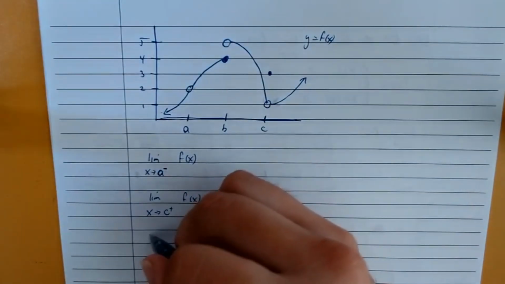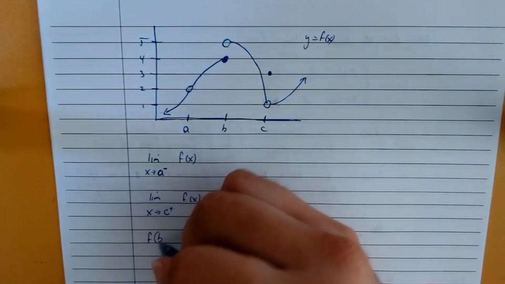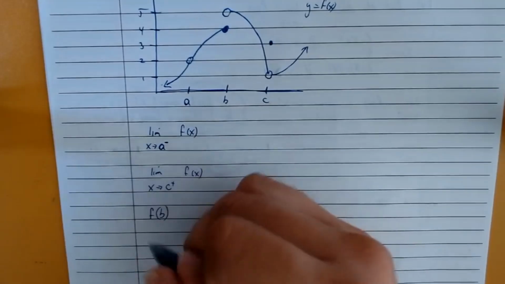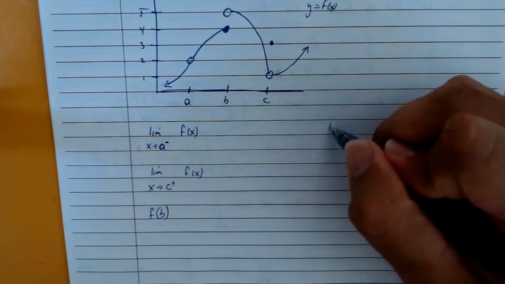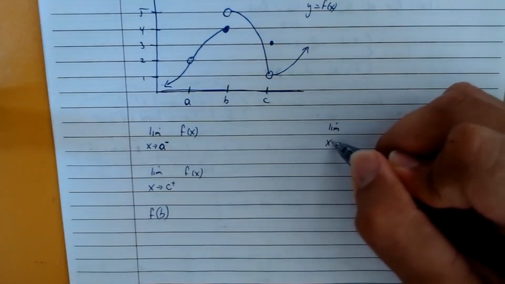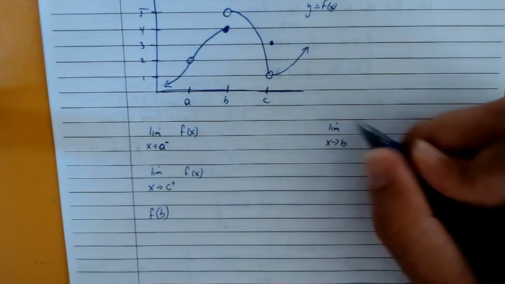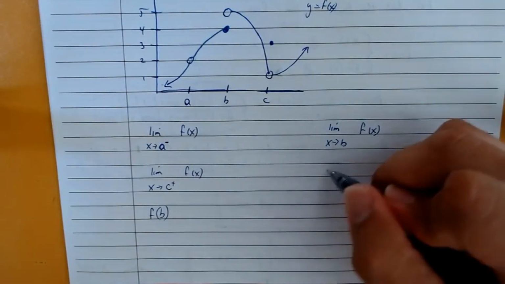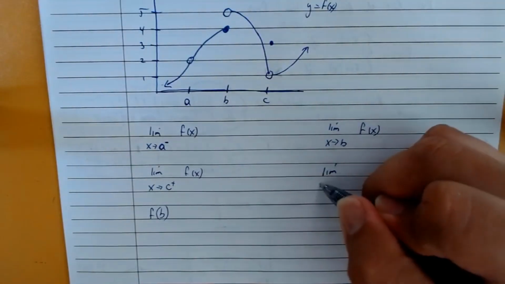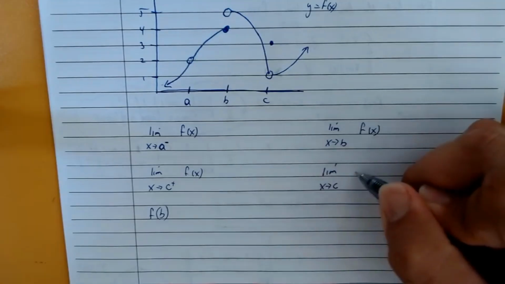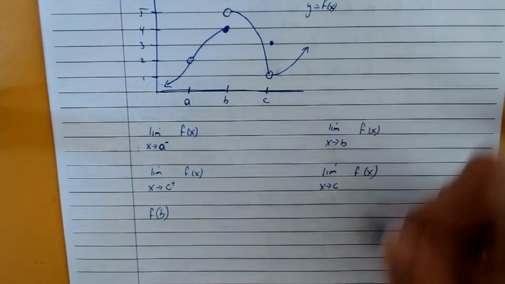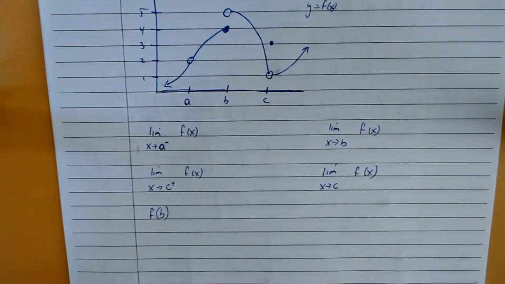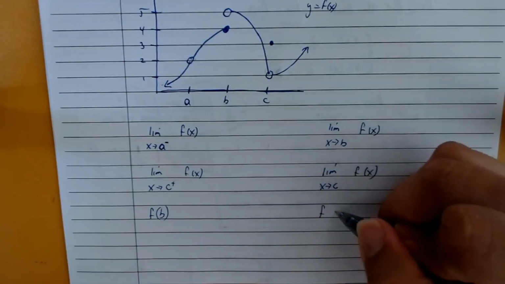Find f of b. Find the limit as x approaches b of f of x, not from the left or from the right, but just the limit. Find the limit as x approaches c of f of x, again, not from the left or right, just the limit. And then find f of c.